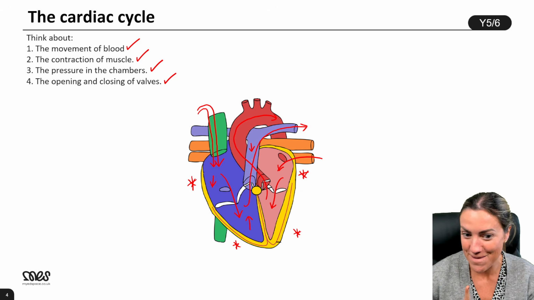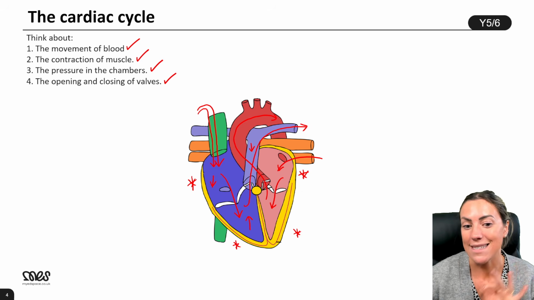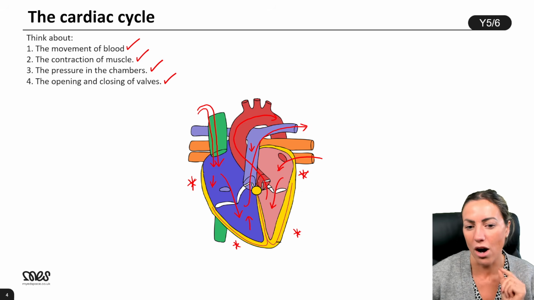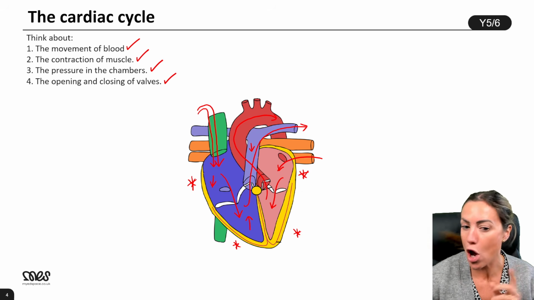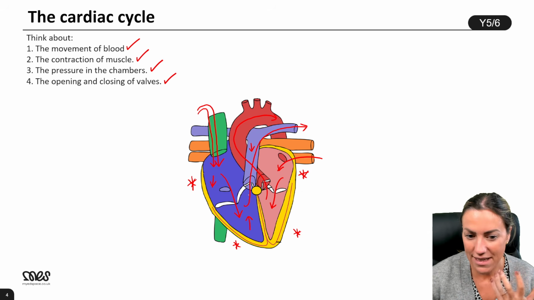But now the pressure in the artery is greater than the pressure in the ventricle, which forces the semilunar valves shut. So when all the heart chambers relax, no blood can flow back into the ventricle from the artery.